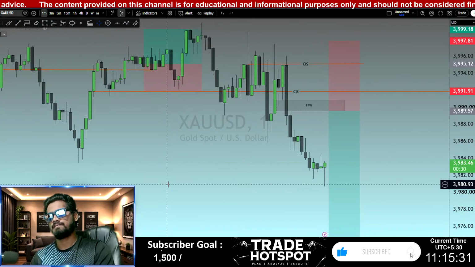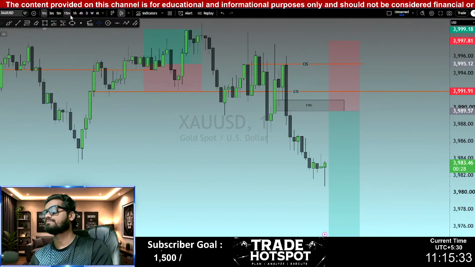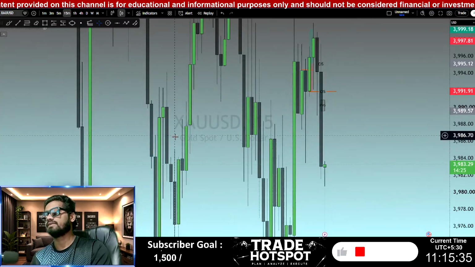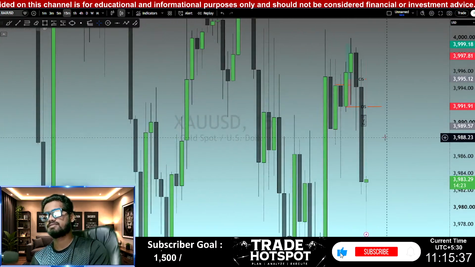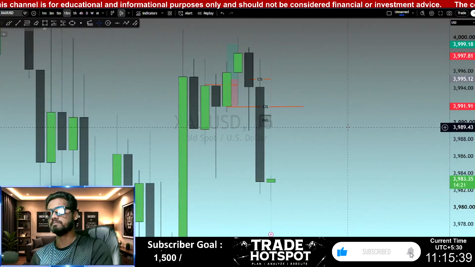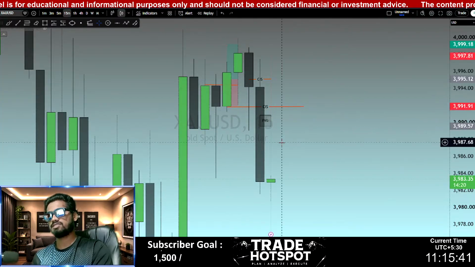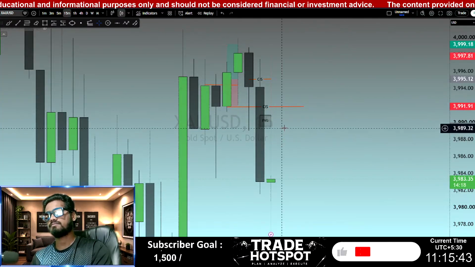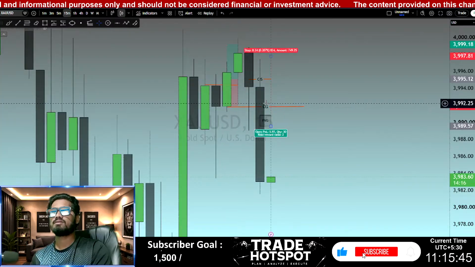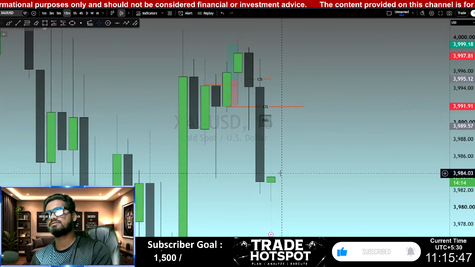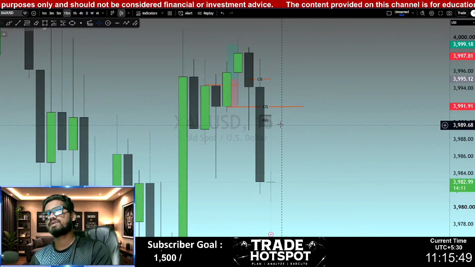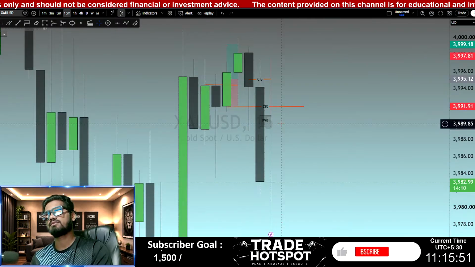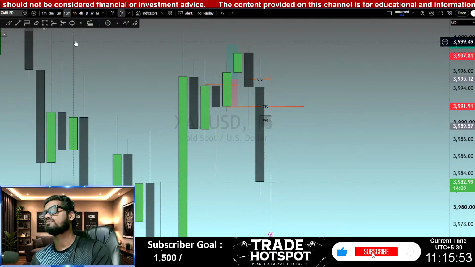It's 11:15 already, and in the 15 minutes chart you can see this is a range state here. This is a strong change of state, and this is an order block area, and gold has to retest to this area, right, as per my point of view.